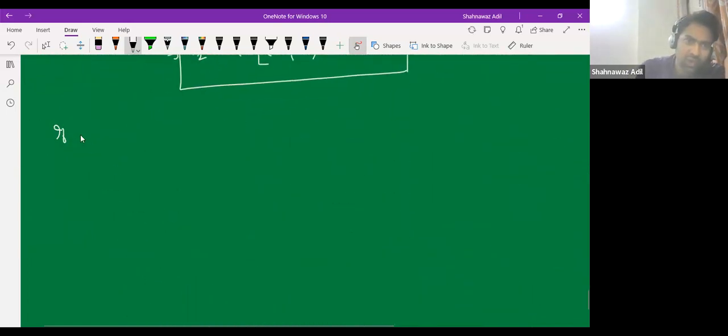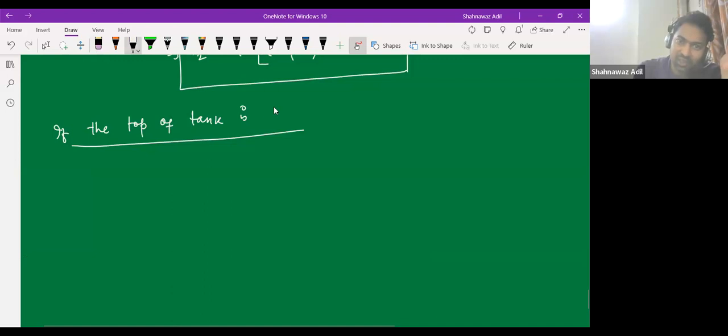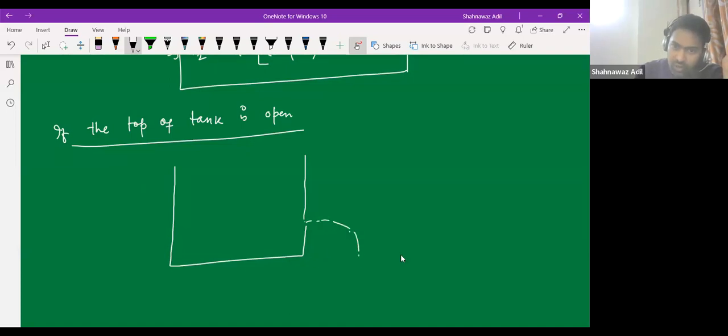So if the top of the tank is on, right, I should not write on, but open. This thing is open now. So what can you guys tell me about P1? What would be P1?